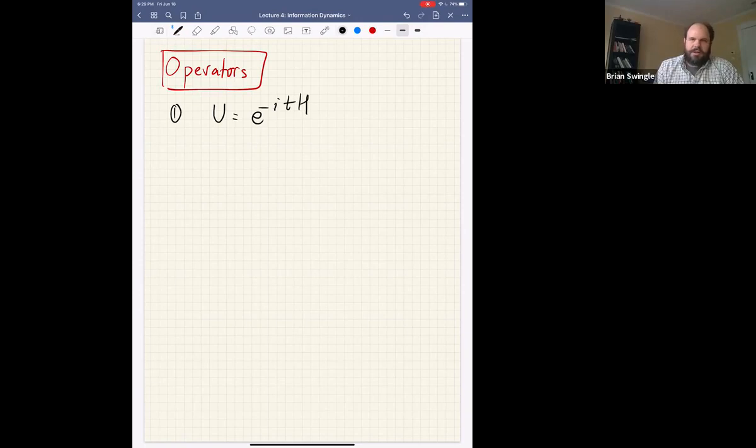Now, what does operator entanglement mean? It roughly means the following thing. It means that you take U and you apply it to a system of Bell pairs, say defined on the left and the right.